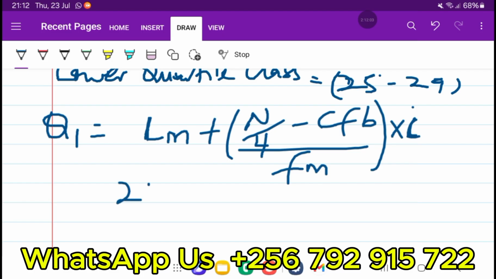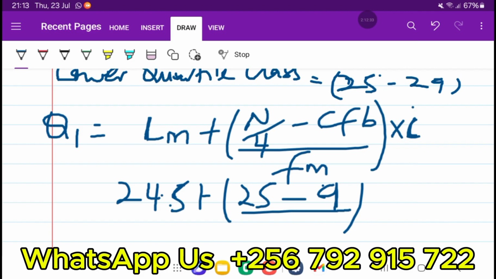So this was 24.5 plus, now n over 4 we got it as 25. Now what is the cumulative frequency before? The cumulative frequency was in 26. We picked 26. What is before? Before there is 9. So minus 9 over, what is the frequency of that lower quartile class, is 17.